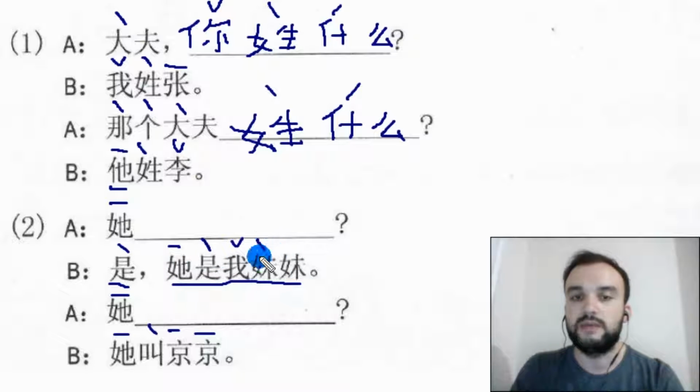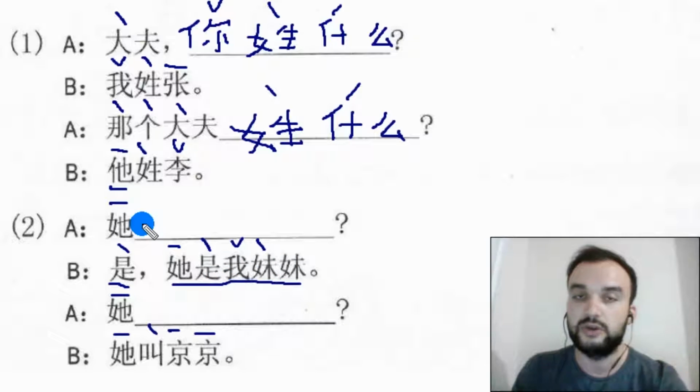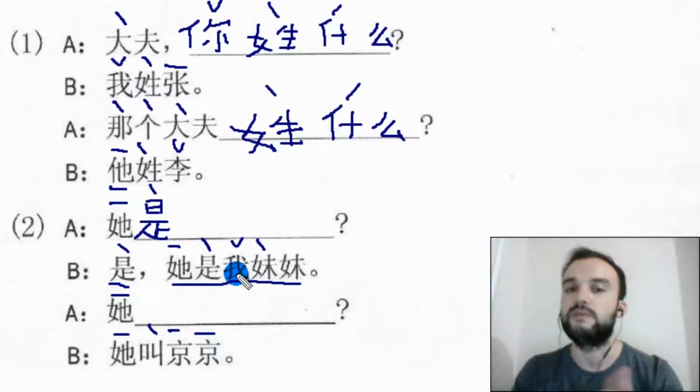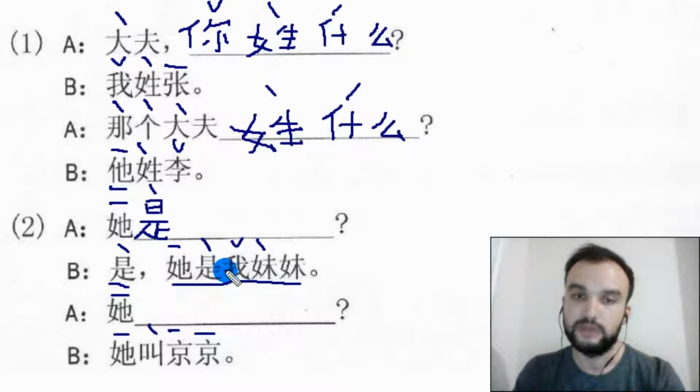And read here. 她是我妹妹. She is my sister. She is my sister. So we should ask, is she your sister? Right? Is she your sister? We should make a yes/no question here. So we should use ma at the end of the question. Okay. 她是, here the answer is 我妹妹. So we should ask about your sister.